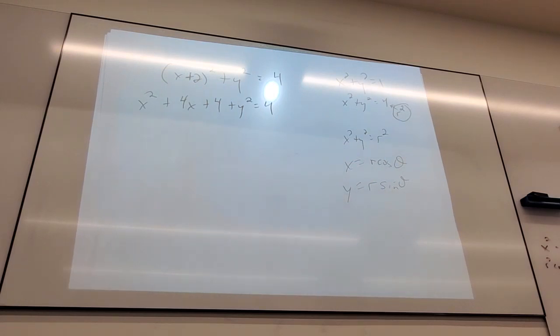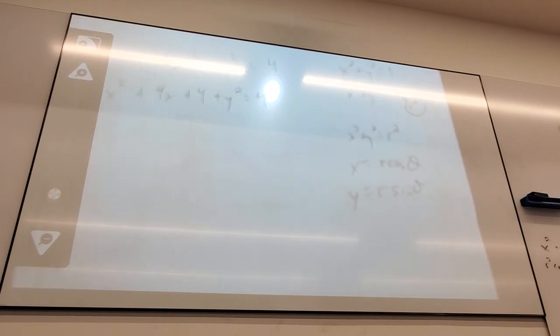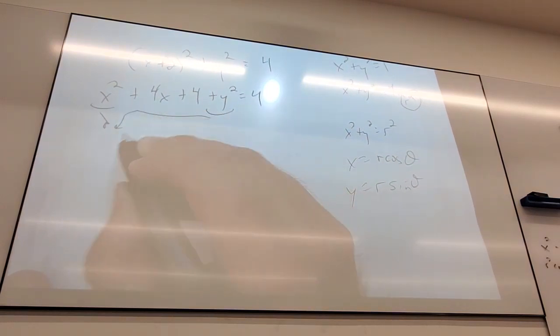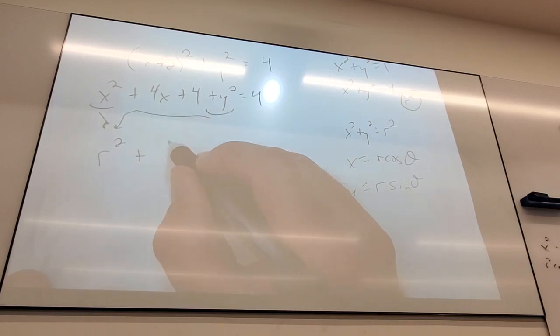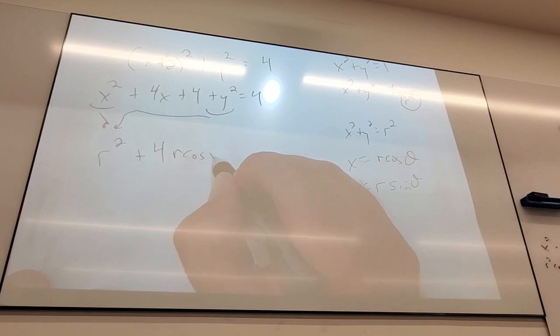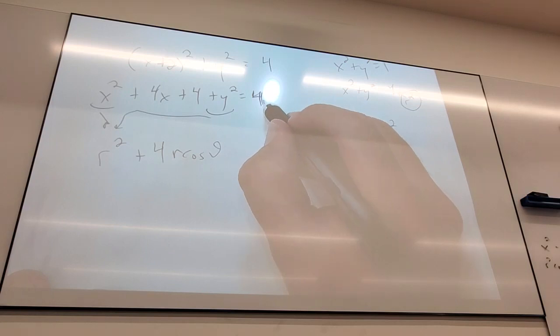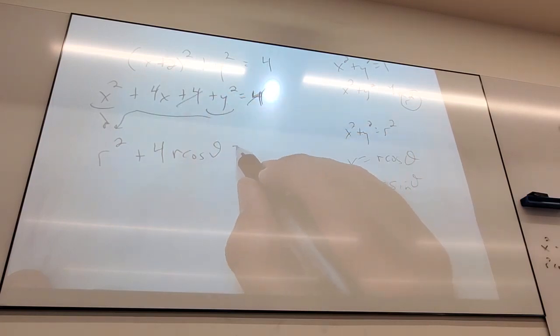Now, do you see anything that goes directly into polar really nice in what I just wrote? x squared plus y squared, what's that? r squared. And what's x in polar? r cosine theta. And what happens to the 4s? They cancel, they kill each other.